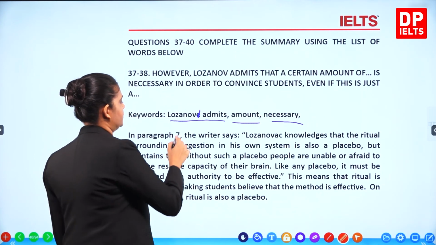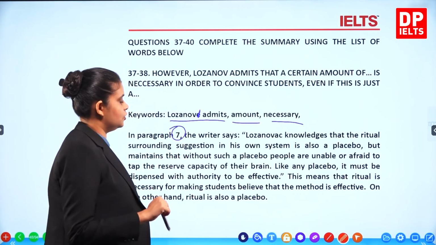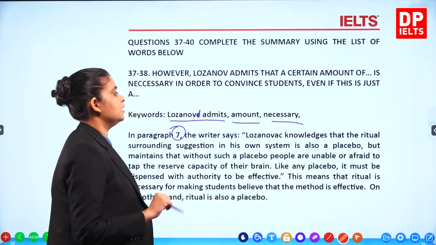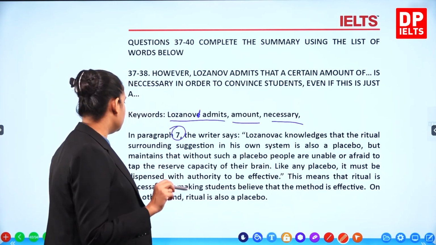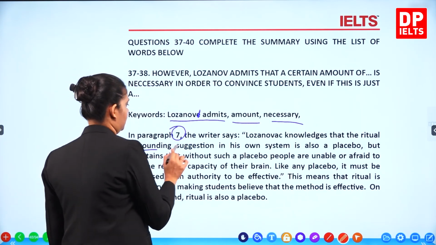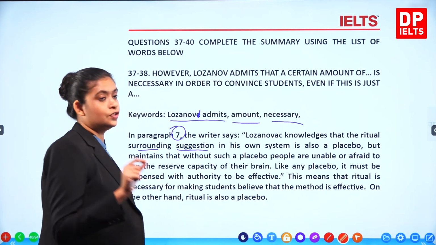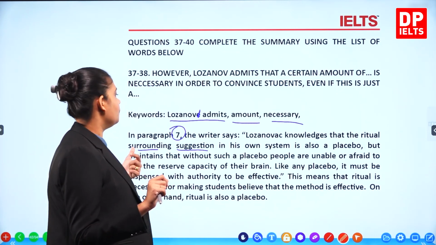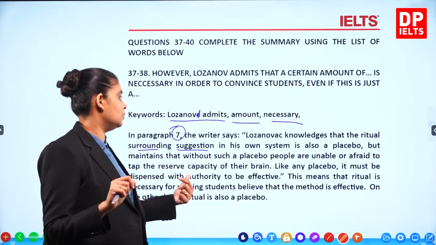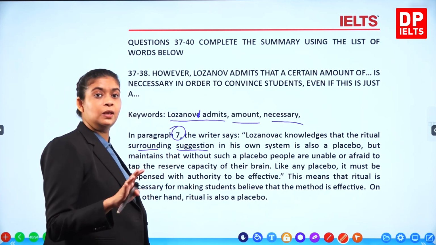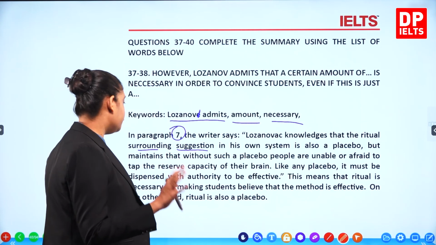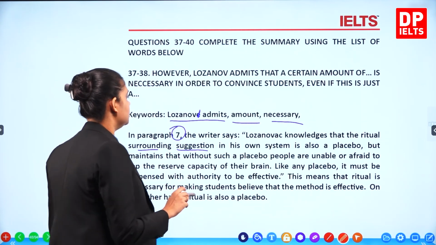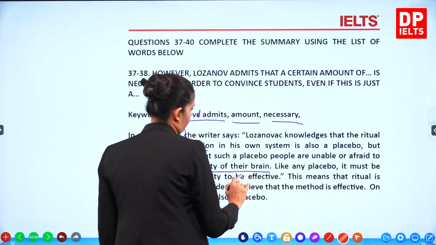In paragraph 7, the writer suggests Lozanov acknowledges that the rituals surrounding suggestion in his own system are also a placebo, but maintains that without such a placebo, people are unable or afraid to tap the reserve capacity of their brain.